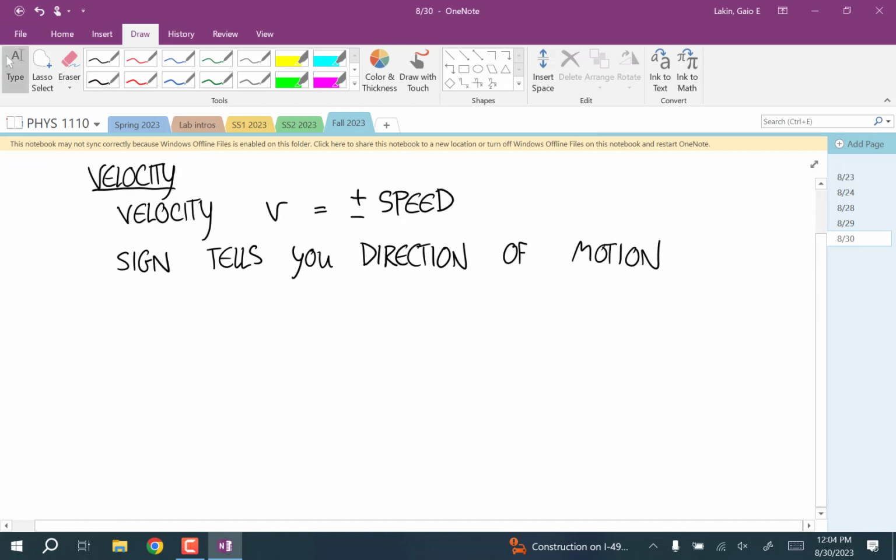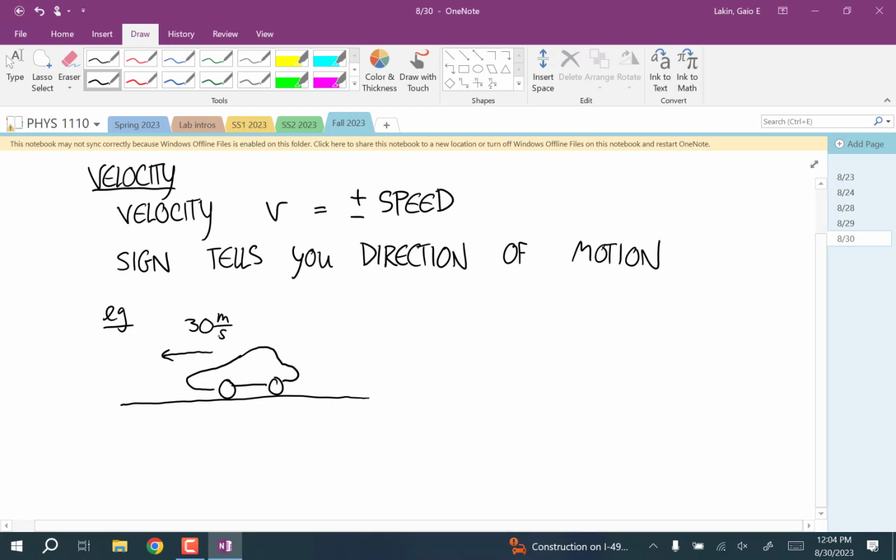So for example, this all can get a little confusing. But let's say that you have a car going this direction and it's moving 30 meters per second. That's about 70 miles an hour.